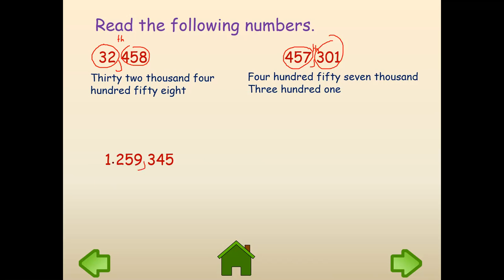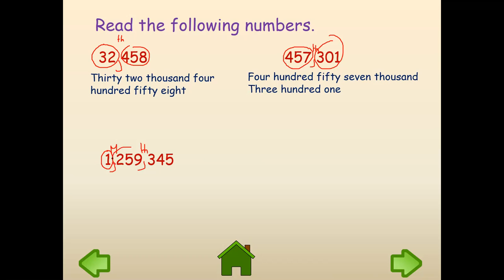Now large numbers. Look, let's place the commas. 1, 2, 3, comma. 1, 2, 3, comma. How many commas do we have? Now we have 2 commas. The first comma is 1,000. The second one is million. In order to read this number, I will start from the biggest family, the millions family. I will read the numbers to the left side of the million comma. What do we have? We have just 1. So we have to say 1 million.